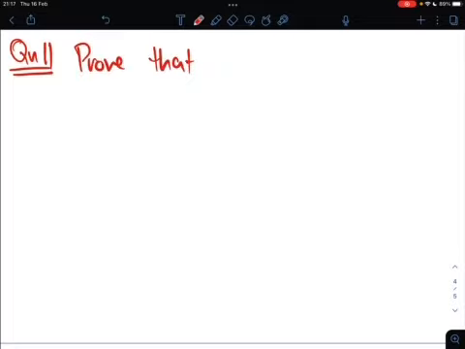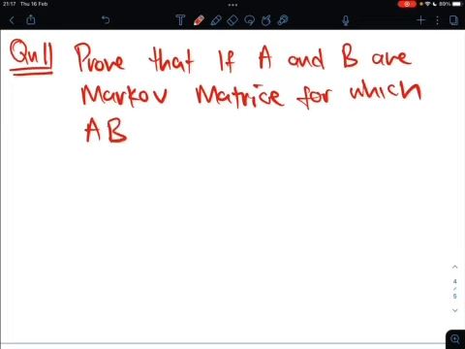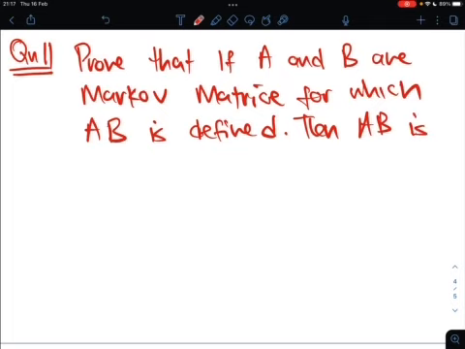Question: Prove that if A and B are Markov matrices for which AB is defined, then AB is also a Markov matrix.